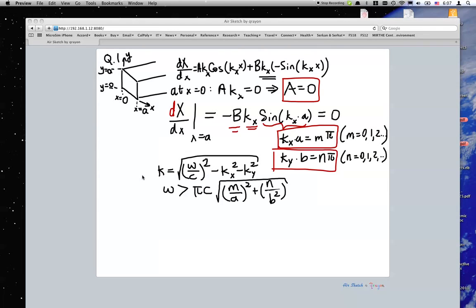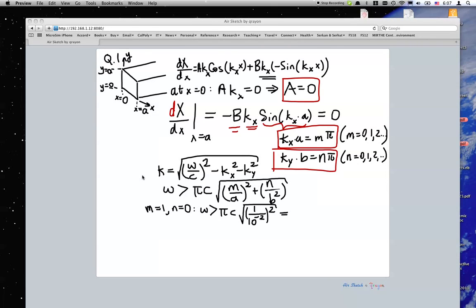Let's write an answer. So we need combinations here. If I have m equals 1, n equals 0, omega must be greater than pi c times the square root of, with m equals 1, and for a, the problem gives 1 centimeter, so that's 10 to the minus 2 meter, squared.